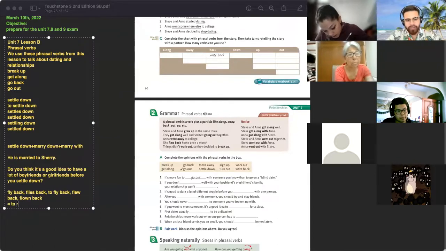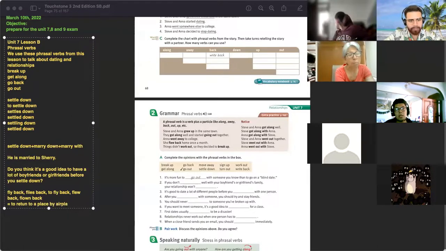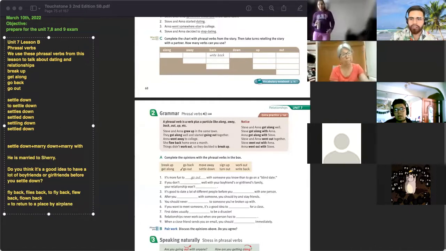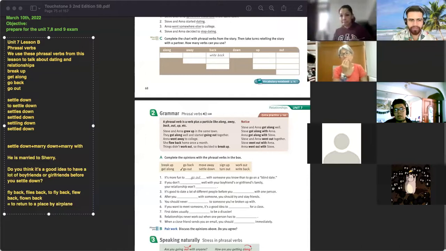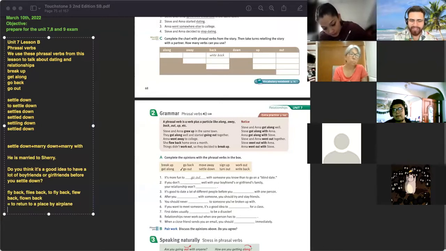It means to return to a place by airplane. You can drive back, or you can fly back, or you can walk back if you don't have money.